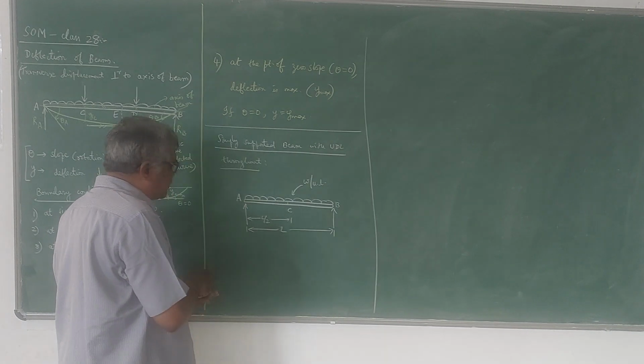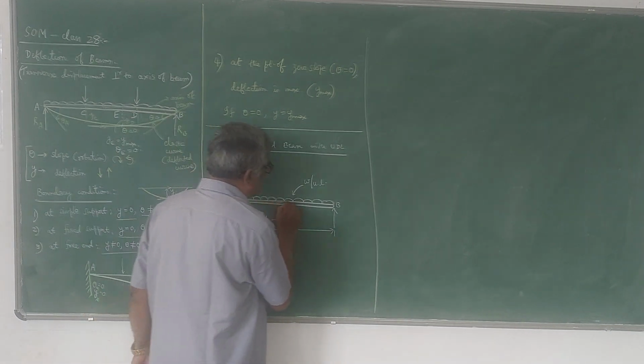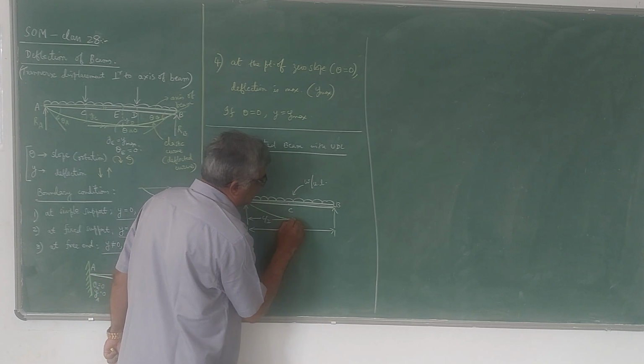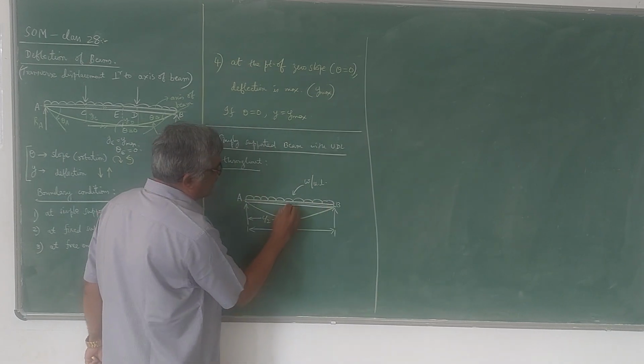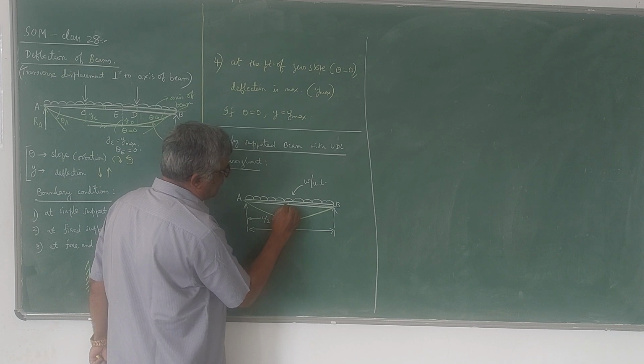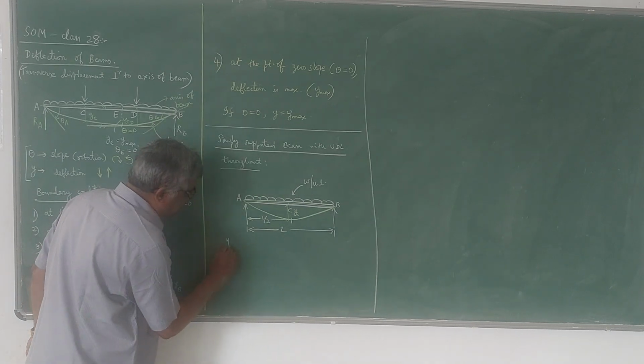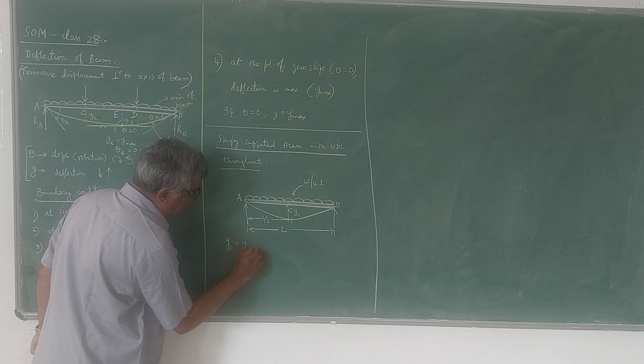Therefore, the deflected shape curve also will be symmetrical. The deflected shape in this case will be like this. We can observe that maximum deflection occurs at C here. So this is very important. Yc is y max. So in this case, Yc is equal to y max.